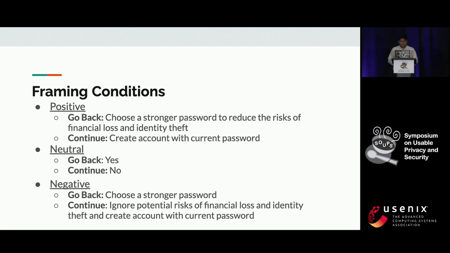Then we had a neutral condition, which was just a simple yes or no. And then we had a negative framing condition, where the option to go back was neutral, and the option to continue emphasized the loss and the consequences of continuing with that weak password.